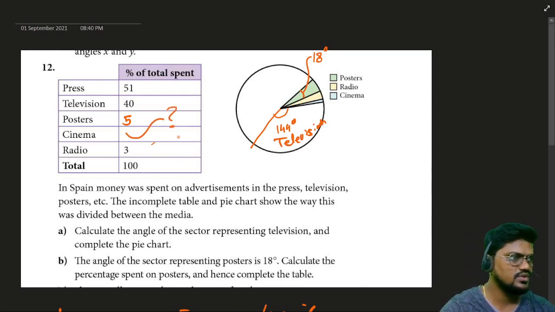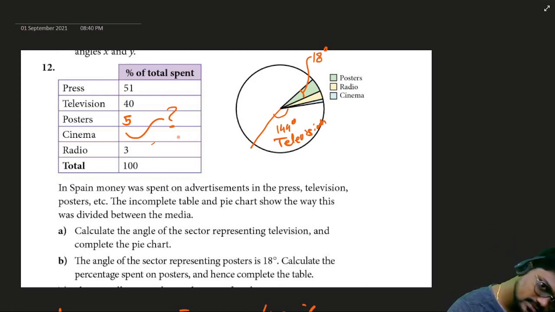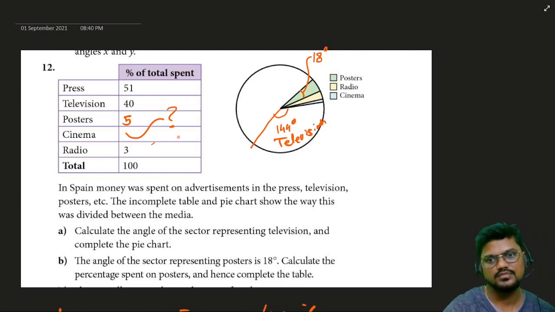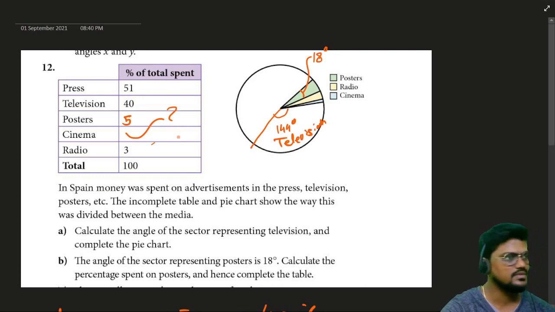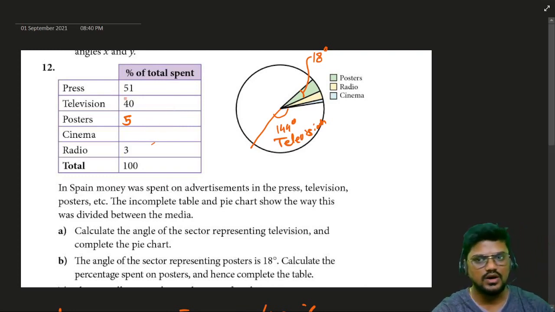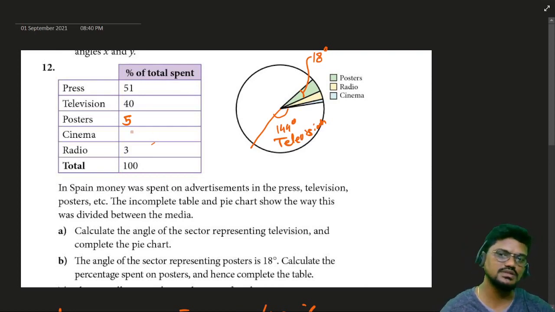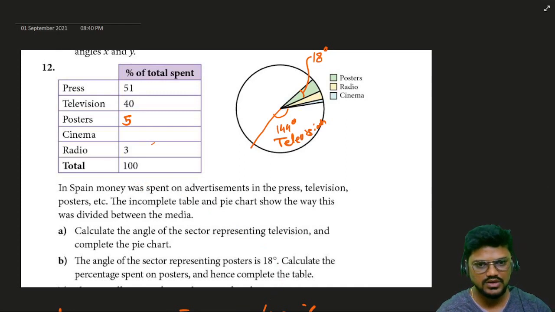Student: 51 plus 40 plus 5 plus 3 plus x equals 100. Yeah, perfect. Whatever the total count is, the total has to be 100, no? That's why.